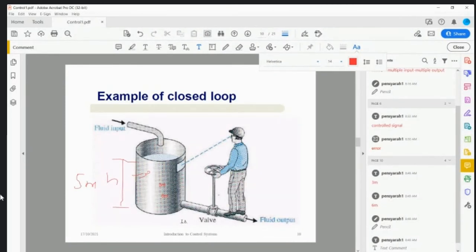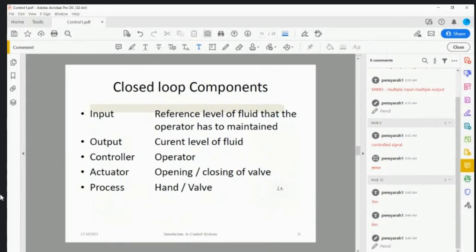So we can see the input is the reference fluid, the setting reference. The output is the current level of fluid. The controller is the man, the operator. The actuator is the valve. You can open and close the valve, and the process is the valve handle.